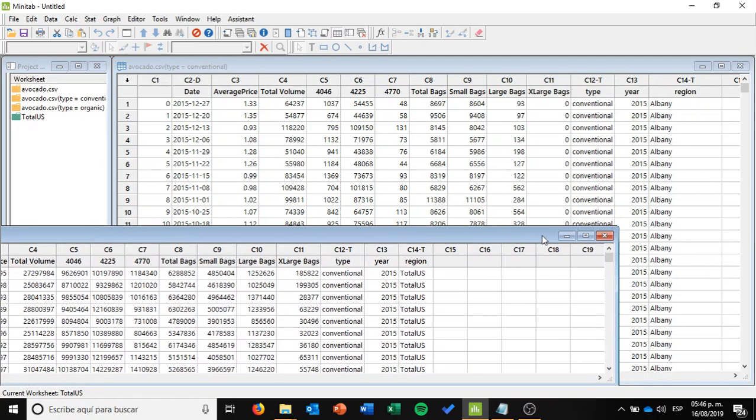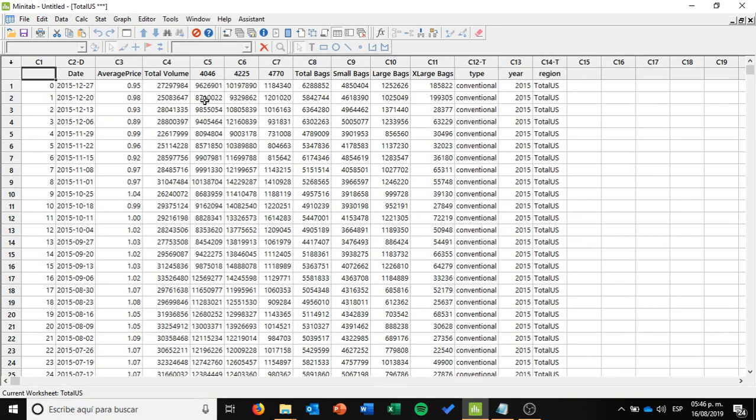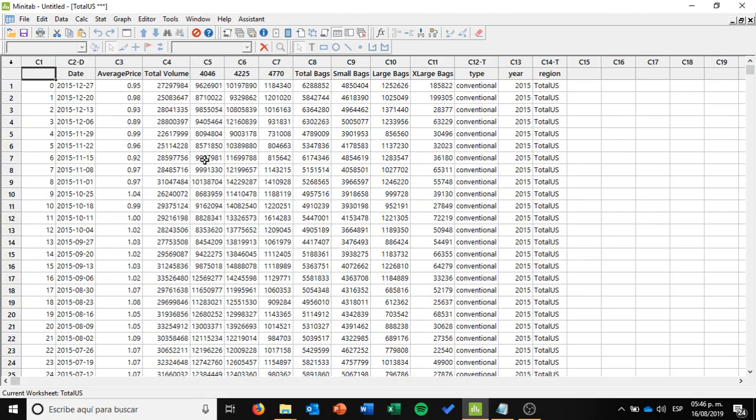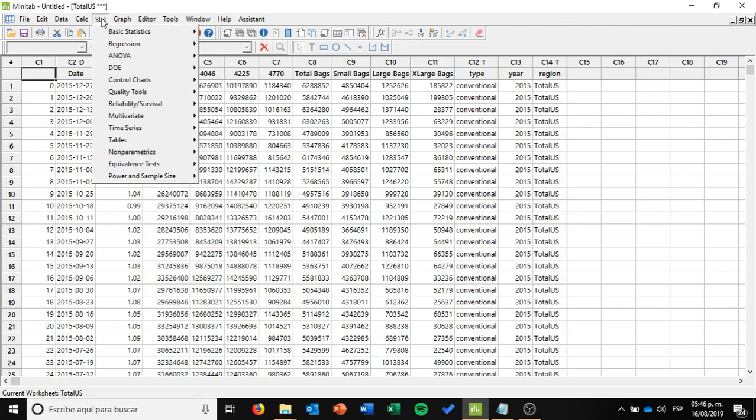Let me make it larger. Here it is. And what I can see here is that the region that I am analyzing is just total US, and I want to see how the histogram looks like. I'm not going to repeat the analysis with the tool of graph and histogram. Instead, I'm going to go to the menu Stat.